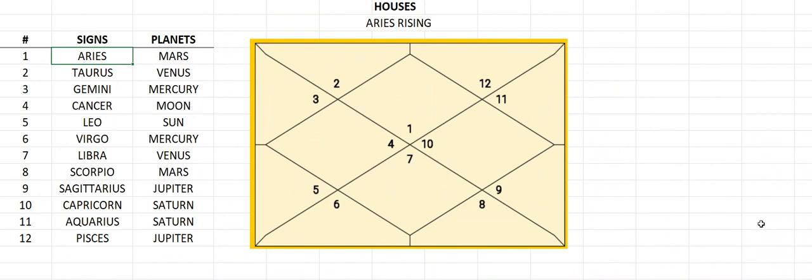Going down the list, the very first sign of the zodiac belt is Aries, and Aries is ruled by the planet Mars. This is how you will need to remember this list in order to be able to efficiently and fluently read a birth chart.